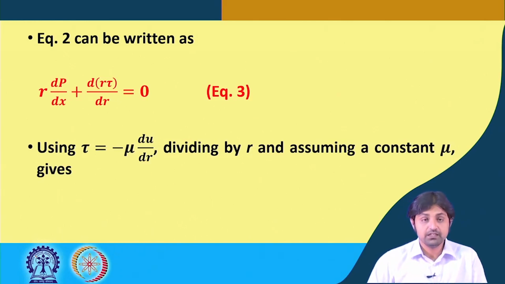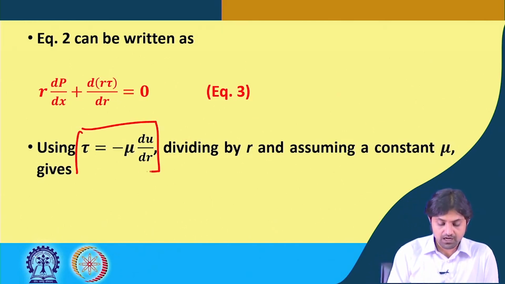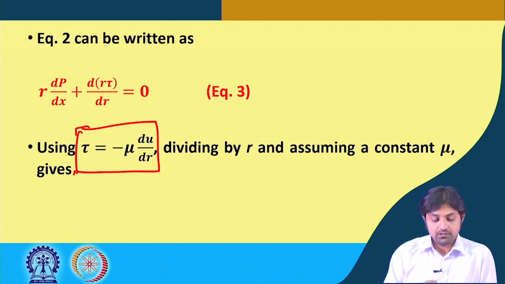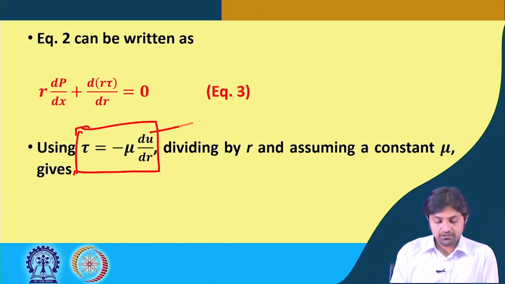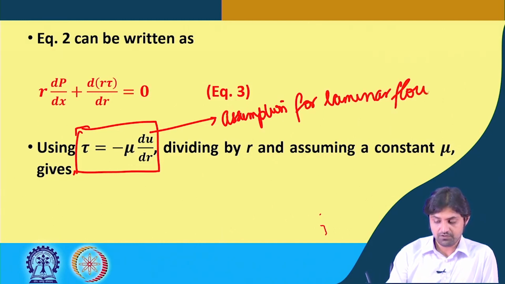All right. Now if we use the standard tau is equal to minus mu du dr, why do we do this? Actually, this is an assumption for laminar flow.